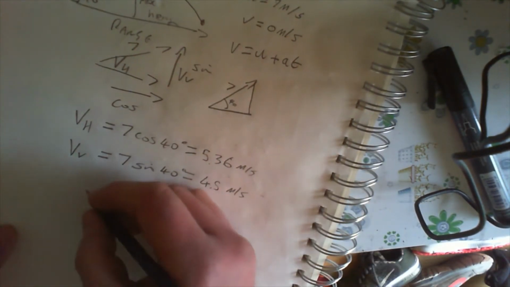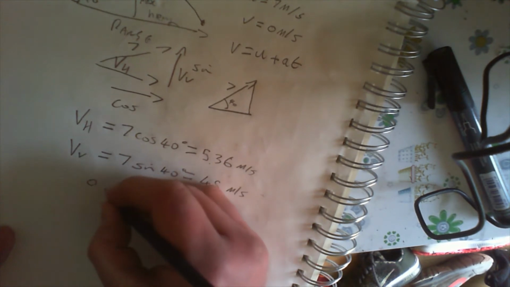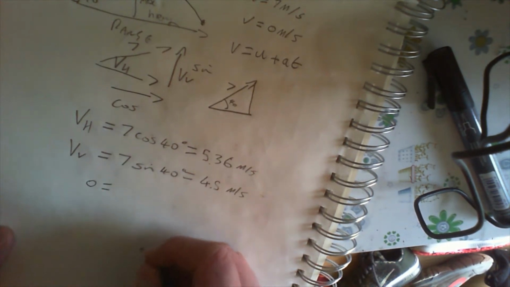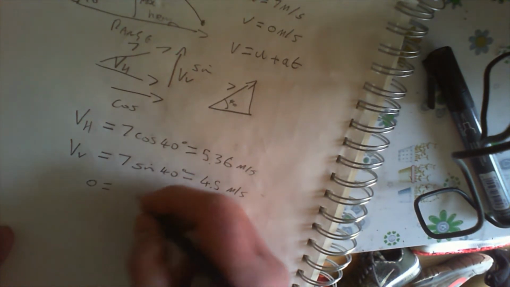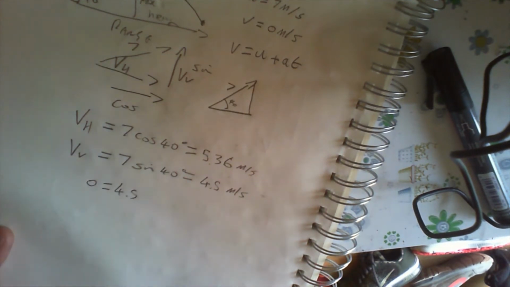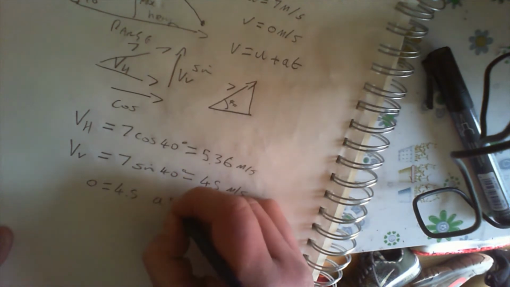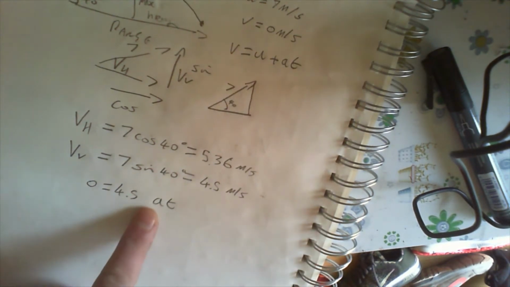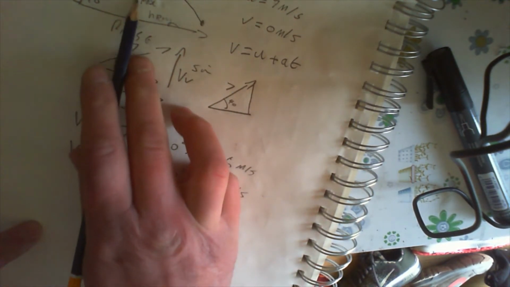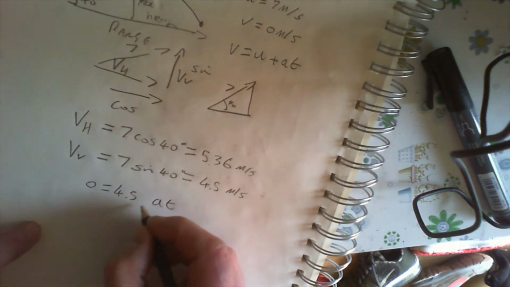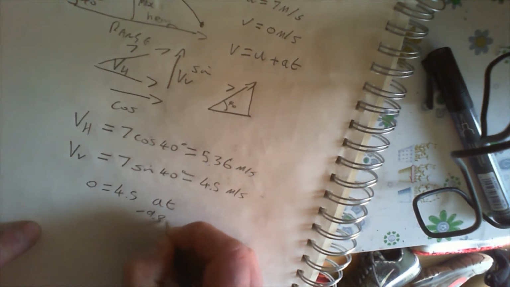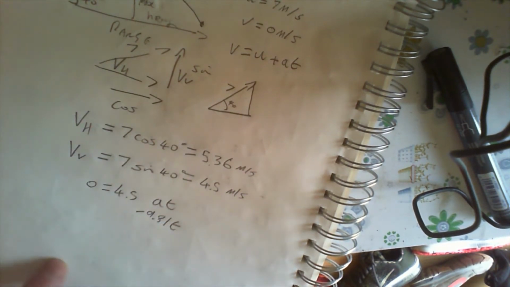I'll do it down here, so that'll be 0 equals 4.5, and this at, because this is going to be decelerating, going against gravity, so this is going to be minus 9.81 t.